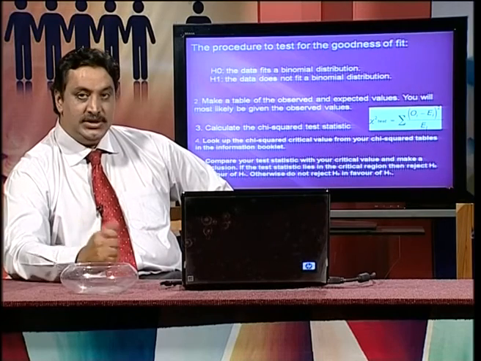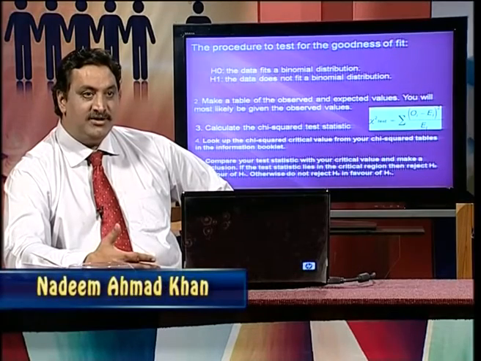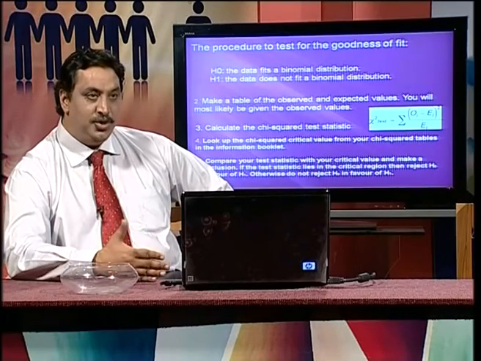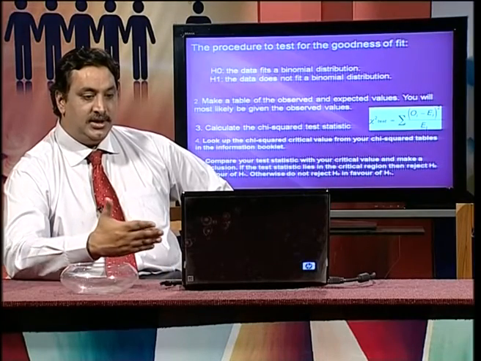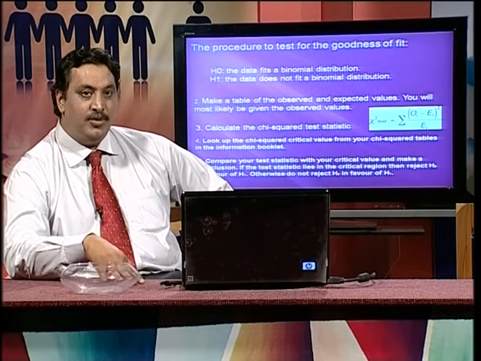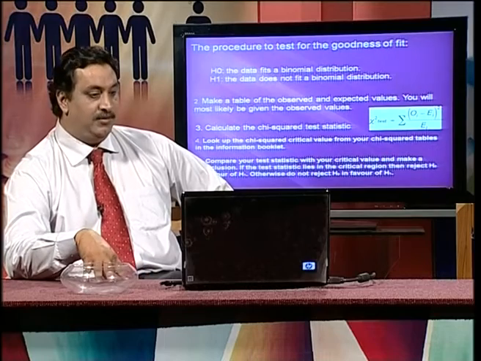With the help of this formula we get a value of the chi-square. Chi-square is a distribution, or a test statistic, and the critical region formula, and the acceptance or rejection of the null hypothesis, is the same throughout the chi-square procedure.